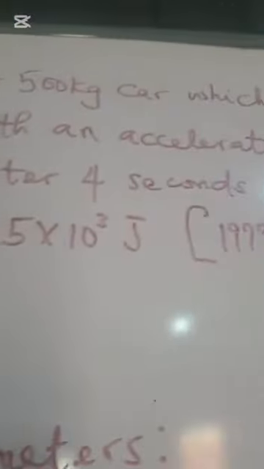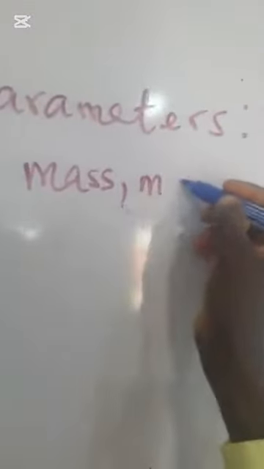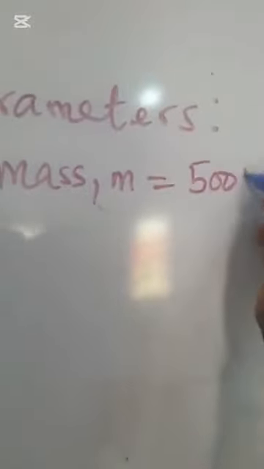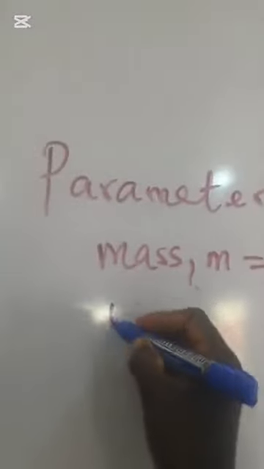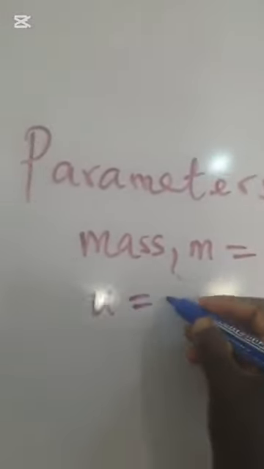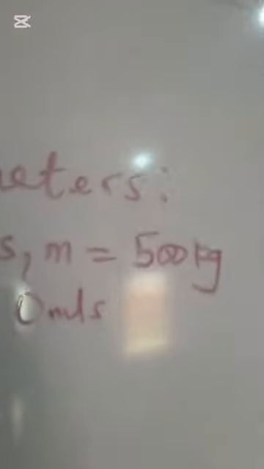Number one, the question says a 500 kilogram car. So we are given mass, which is M, is equal to 500 kilogram. Initially at rest, this shows that the initial velocity, which is our U, is 0 meter per second.